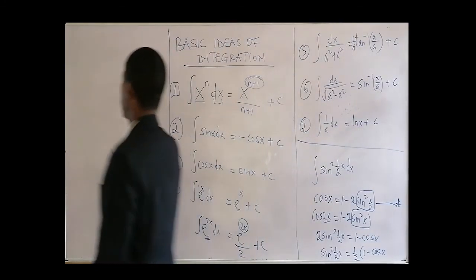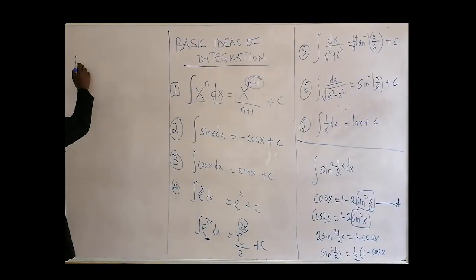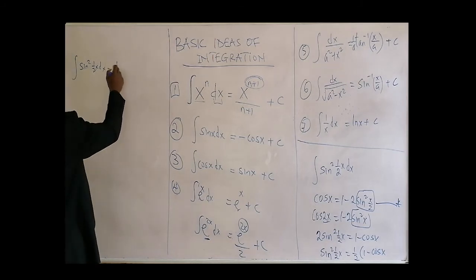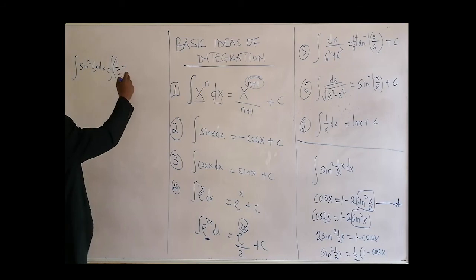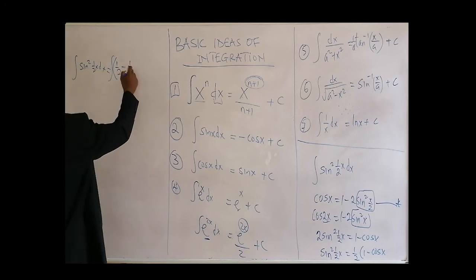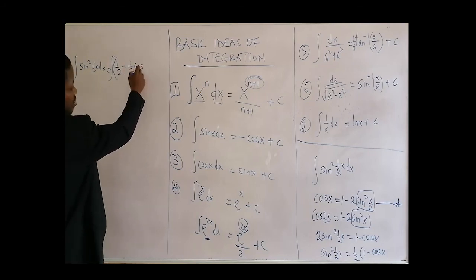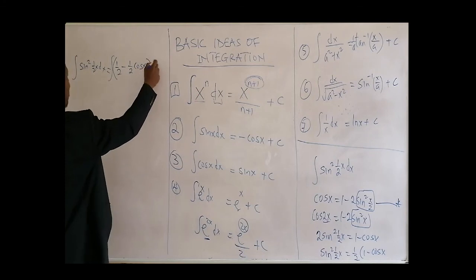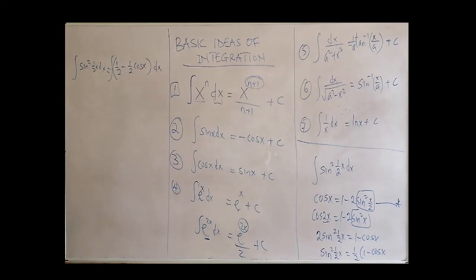We can now have the integral of sine squared half x dx is equal to half integral of 1 minus cos x dx. So that's just that.